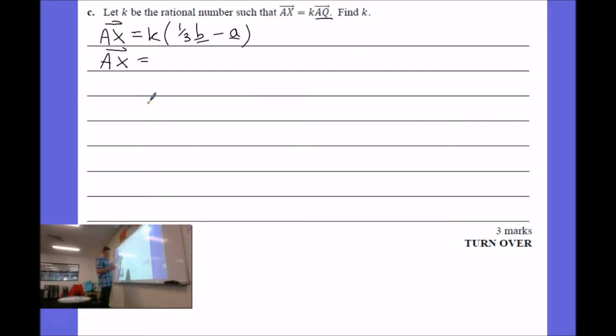So let's draw on that. Running backwards along a. And then we have from O to A and then O to X.